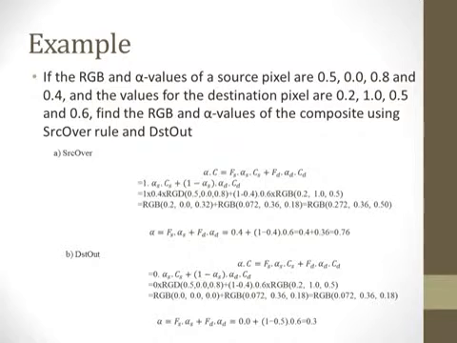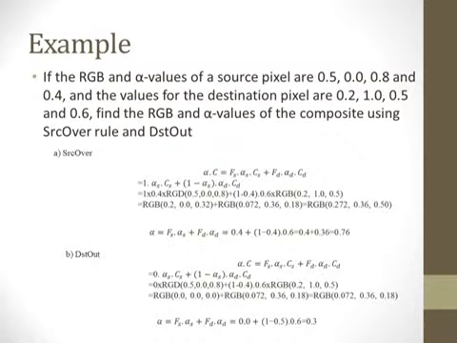First, we will work on source over. For the source over, we have the general formula alpha C equals Fs alpha S CS plus Fd alpha D CD. For the source over, we can see that Fs should be 1 and Fd should be 1 minus alpha S. We substitute 1 instead of Fs, and 1 minus alpha S instead of Fd.